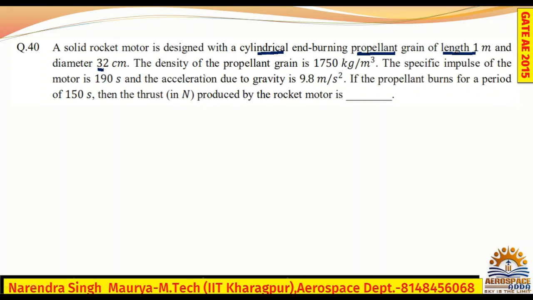Density of propellant grain is 1750 kg per meter cube. The specific impulse of the motor is 190 second and the acceleration due to gravity is 9.8 meter per second square. If the propellant burns for a period of 150 second, then the thrust in Newton produced by the rocket motor is. So basically we need to calculate thrust here with the given data.